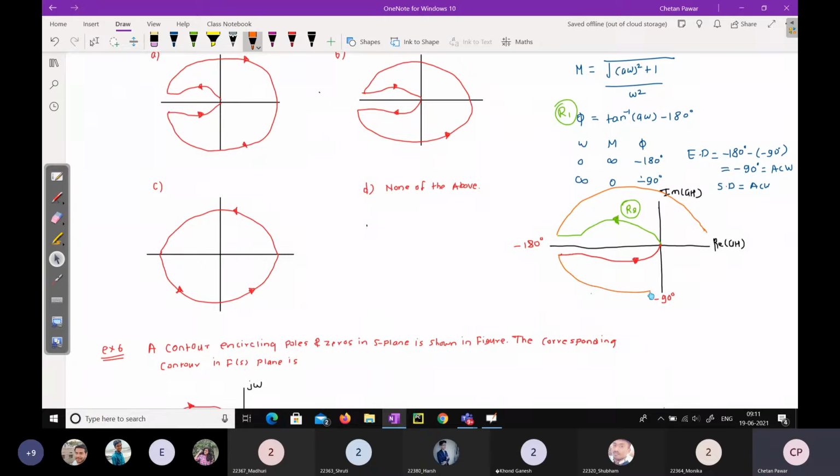So which is the correct option from the four options?